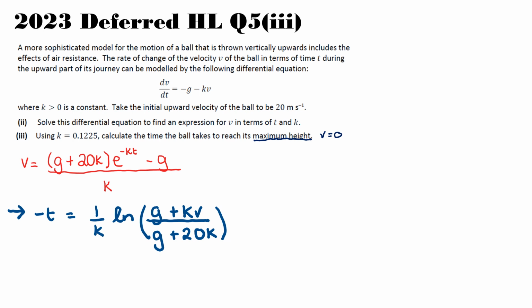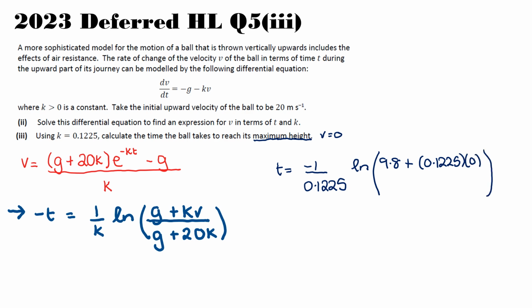So what we're going to do is simply change the sign. So t equals minus 1 over k, so that's 0.1225, natural log of g, which is 9.8, plus k, 0.1225, times our velocity, which is 0, all over 9.8 plus 20 times 0.1225.